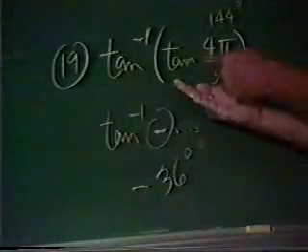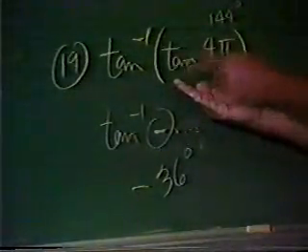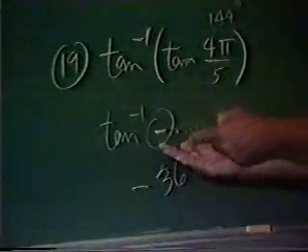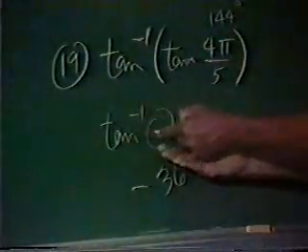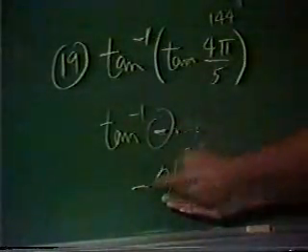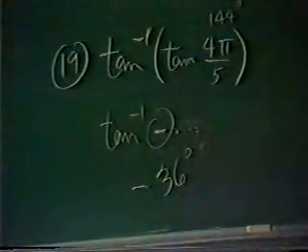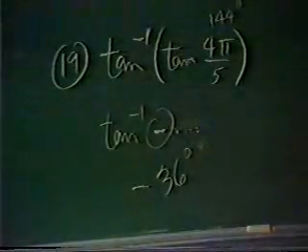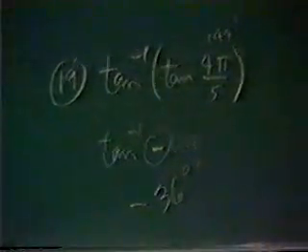This gives us a number, and the tangent of that angle happens to be a negative number. Now this then gives us the angle, and since this tells us in quadrant 4, it's a minus 36 degrees. All right, let's go to the next example.